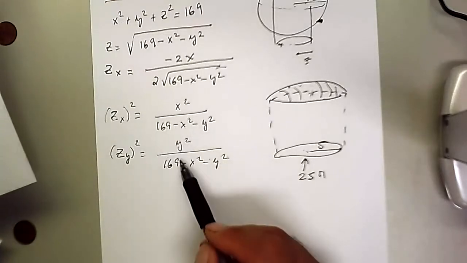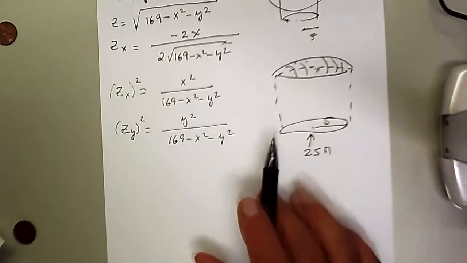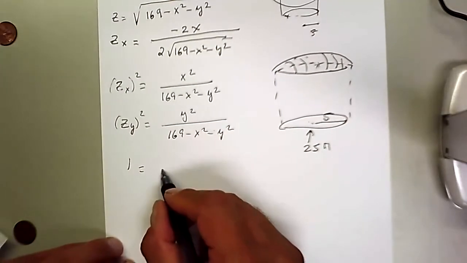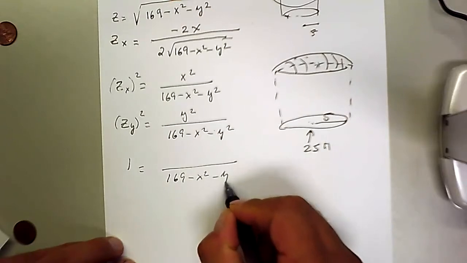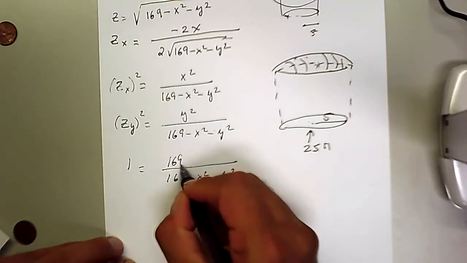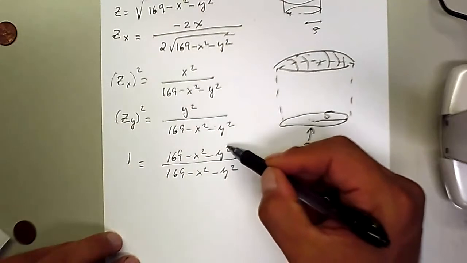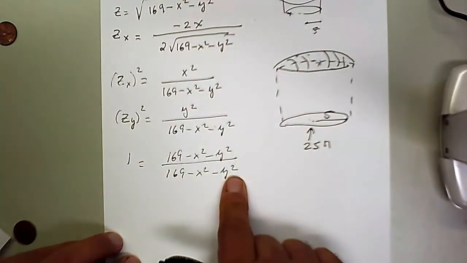Those are those two. We're going to add them together, but then we're going to add 1 to it. And 1, since we have this denominator already, is 169 minus x squared minus y squared over 169 minus x squared minus y squared. I said that backwards. The one on top over the bottom. And then we're going to add those together.